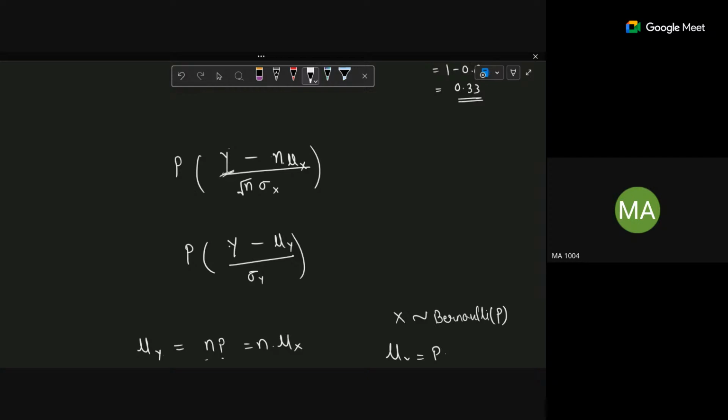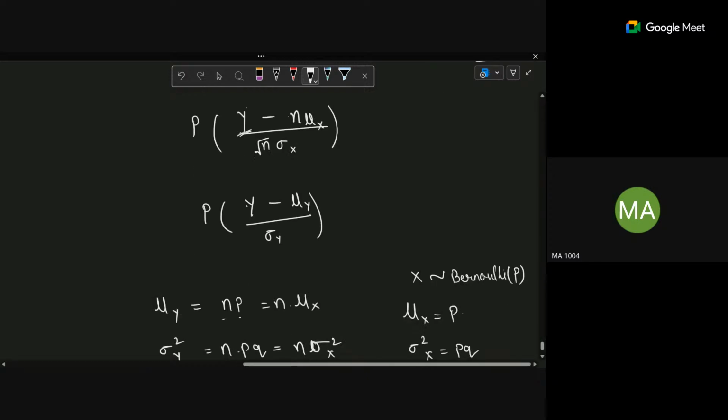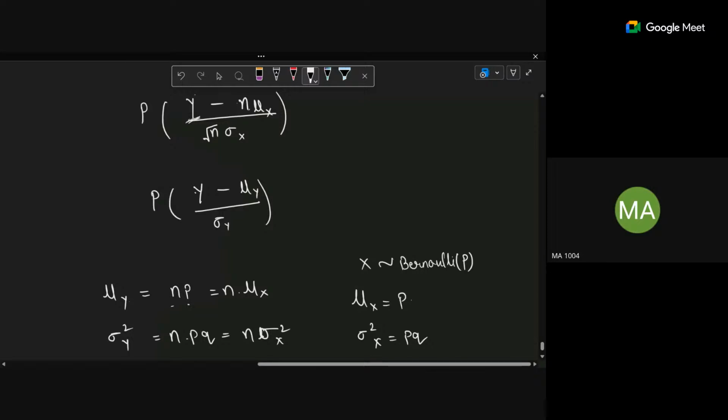Ma'am, I have confusion about when to use this formula and when to use the one you used. Whatever you want to use, both are equal. You can use any one, anywhere. But in some questions, the mean of Y and sigma Y are available to you, then you go with this formula.